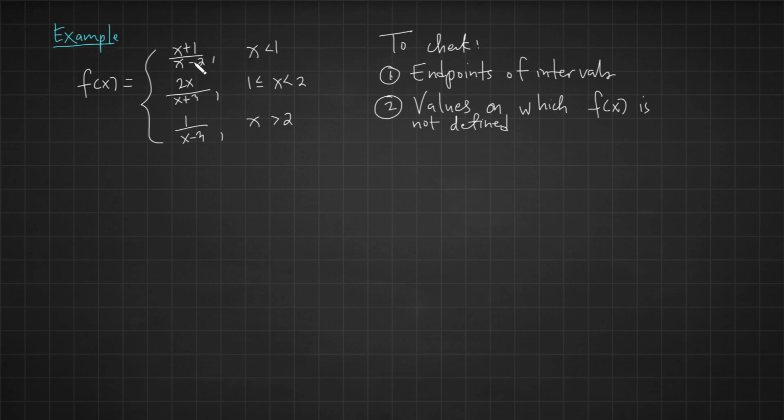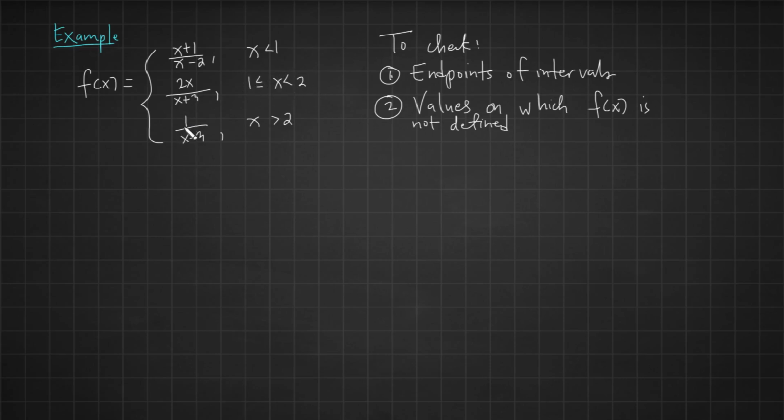And also, 2 is already an endpoint. Okay. So, no additional value to test from this expression. Ito namang 2x over x plus 3. This is not defined when x is equal to negative 3. Kaso yung negative 3, nasa labas naman itong interval na to. So, hindi na natin kailangang test.